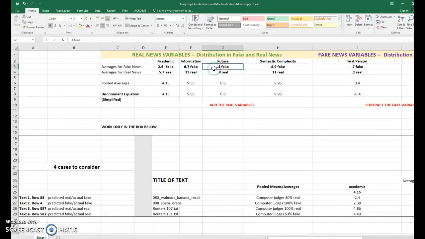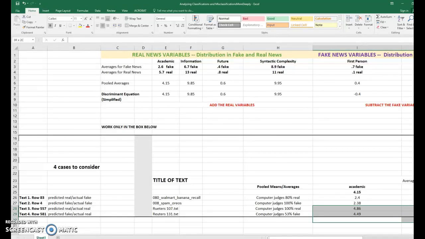Future is distributed about 0.4% in fake news and 0.8% in real news. Syntactic complexity is 8.9% in fake news and 11% in real news. First person is 0.7 in fake news, 0.1 in real news.